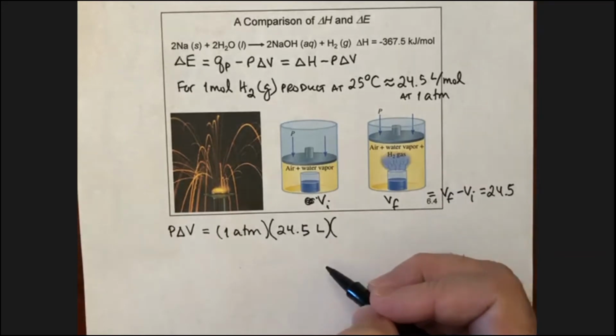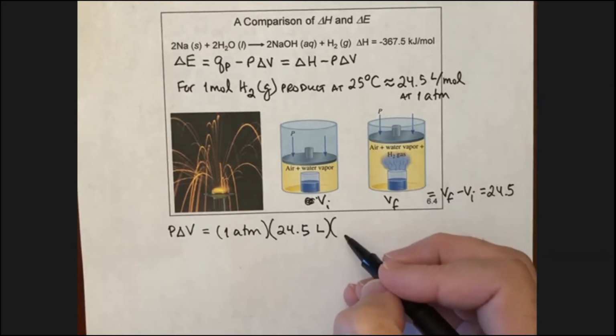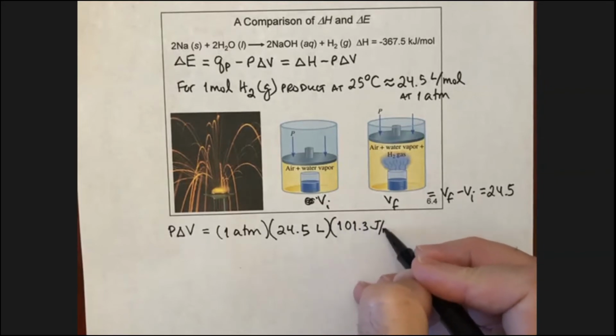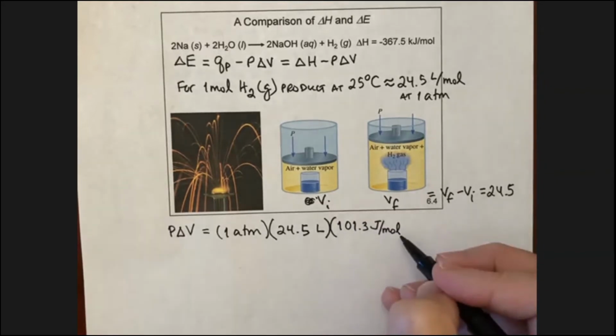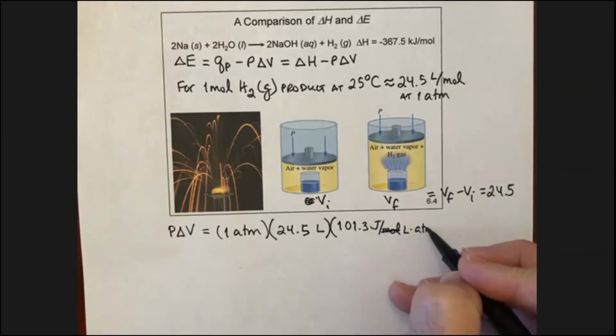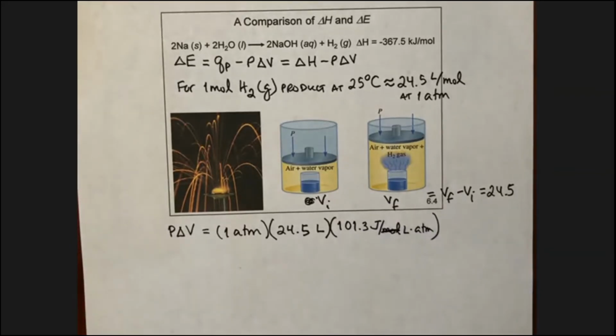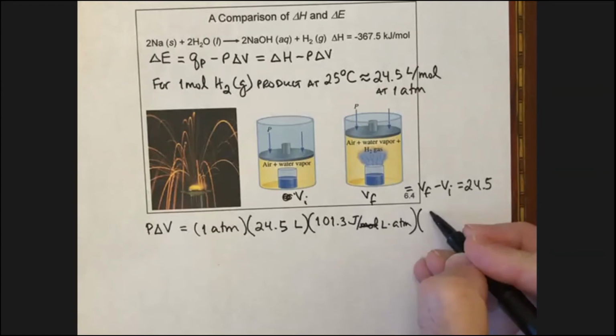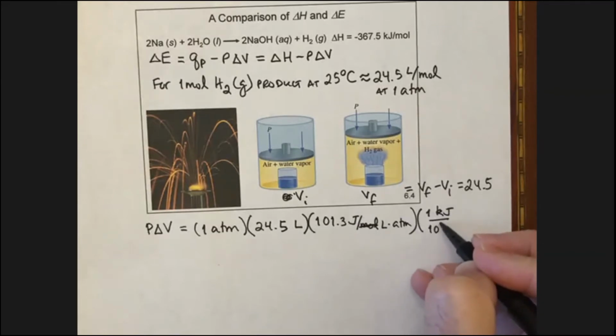And in order to get units of energy, we have to convert that to joules. I gave you that conversion in our previous lecture: 101.3 joules per liter per atmosphere. Sorry, not per mole, per liter per atmosphere. And to compare with the other value we have, I'm going to convert that to kilojoules. Remember that 1 kilojoule is 1,000 joules.